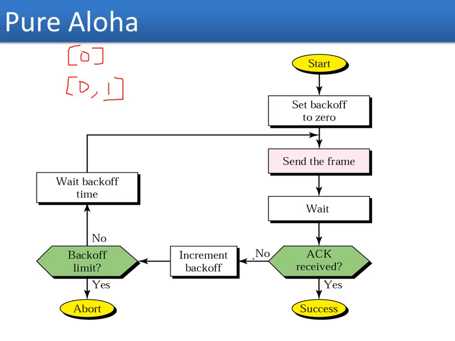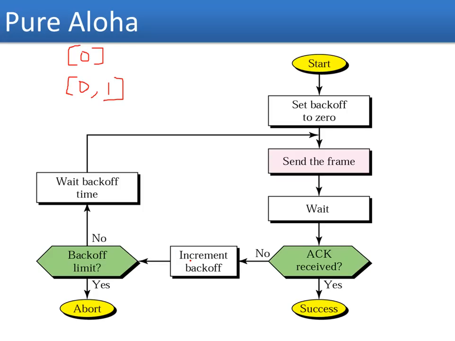If no, it means there is a collision in the medium, so increment the backoff. This set will be increased, and then a number will be picked from this set randomly, and that number will be multiplied with the time that is required to transmit a frame from one node to another node, and that node will wait for that amount of time.